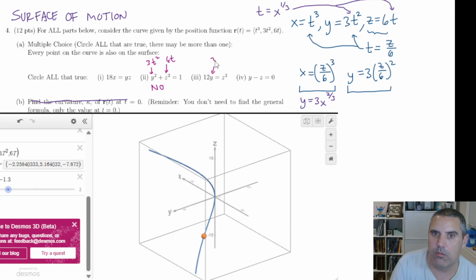What about this one? If I put a 3t squared here, and then I put a 6t in there, are those the same? Well, this will be 36t squared, and this will be 36t squared. They are indeed the same. In fact, that's equivalent to what I wrote over here. If you take the y and subtract the z, do you always get 0?